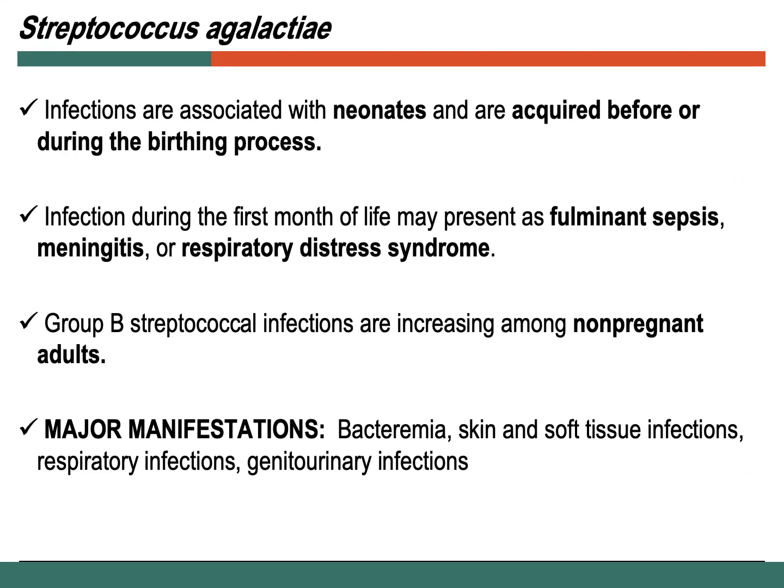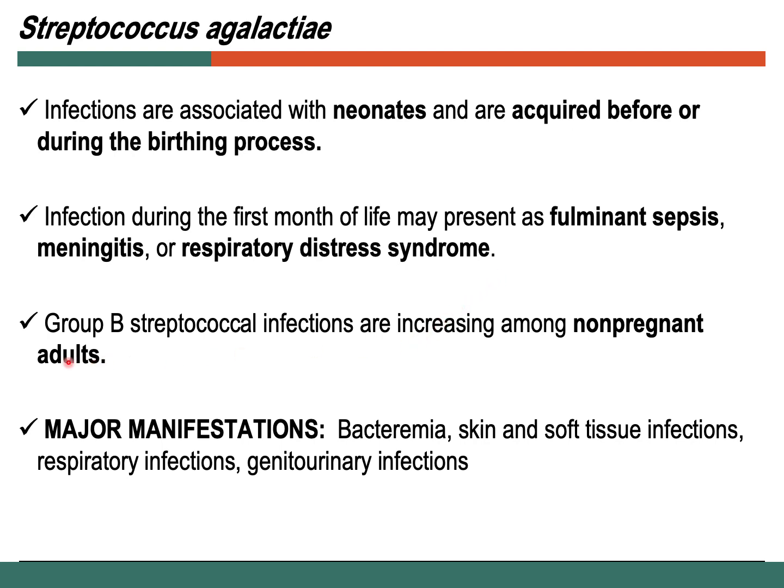So your Streptococcus agalactiae, class, is an important cause of infection in OB-GYN patients or pregnant women, because these are associated with neonates and acquired before or during the birth process, which can cause fulminant sepsis or neonatal meningitis, and also can cause respiratory distress syndrome among babies.